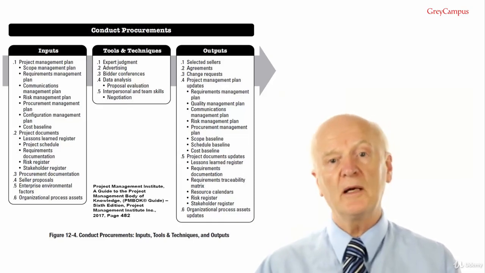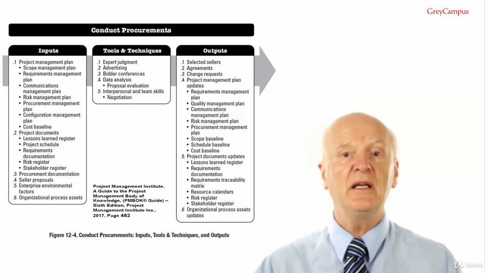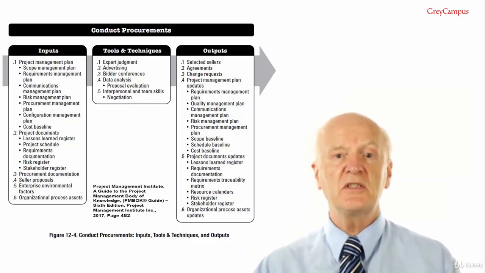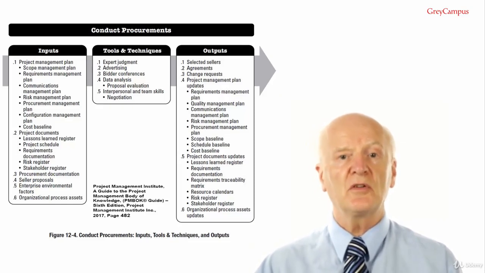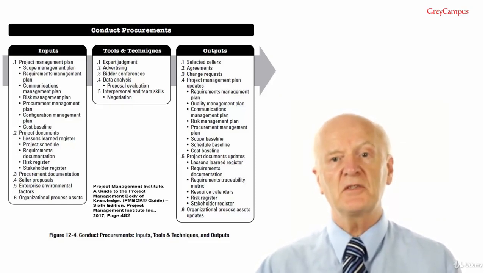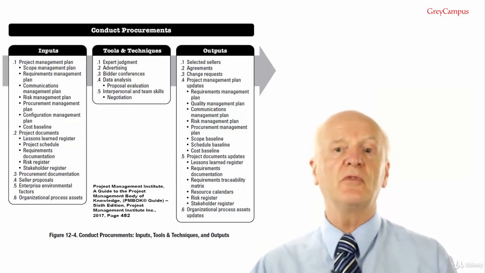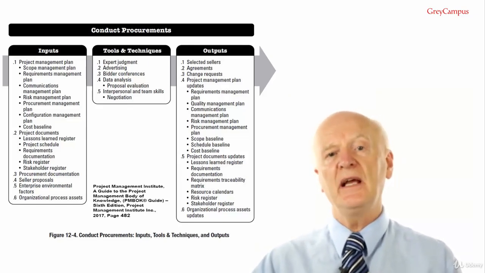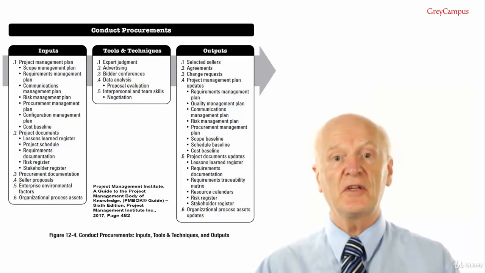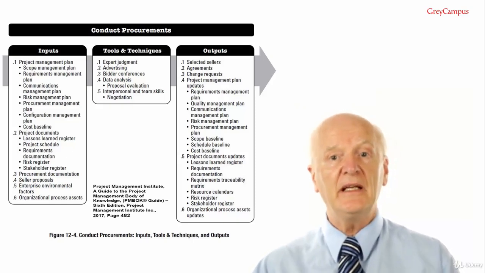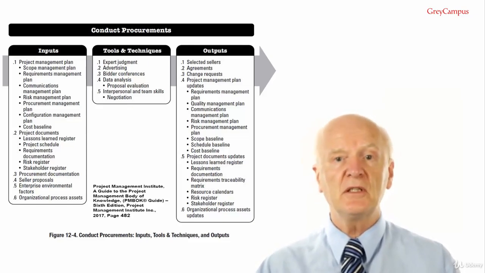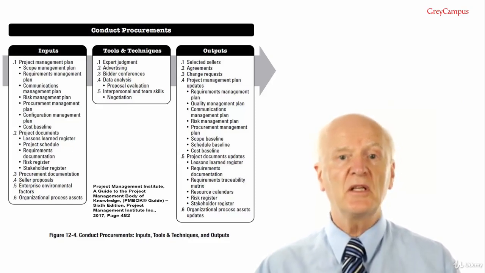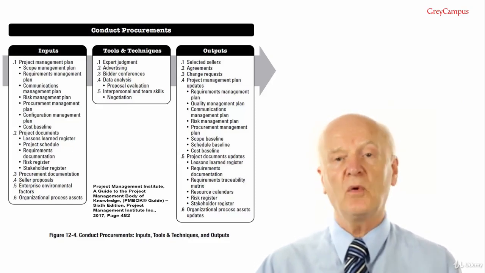Then there's the requirements documentation, which may include technical requirements the seller is required to satisfy and the requirements with contractual and legal implications. And as I've said several times before, these may include health, safety, security, performance, environment, insurance, intellectual property rights, equal employment opportunity, licenses, permits and other non-technical requirements.